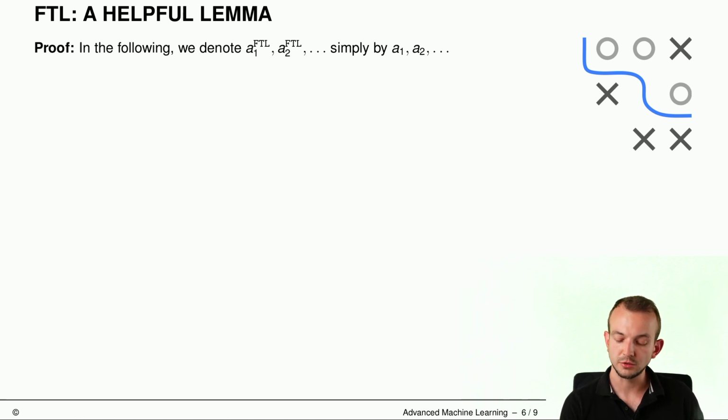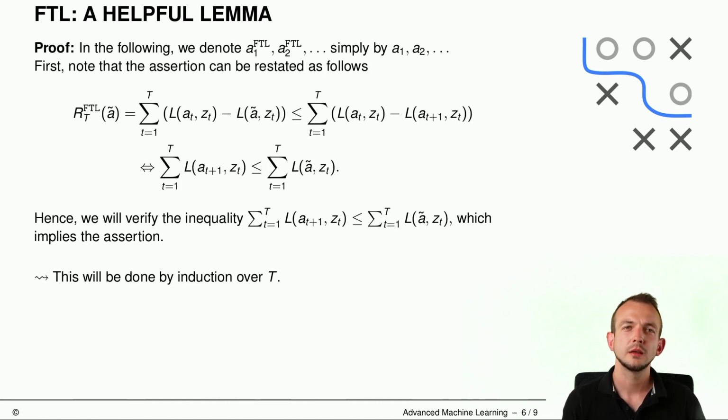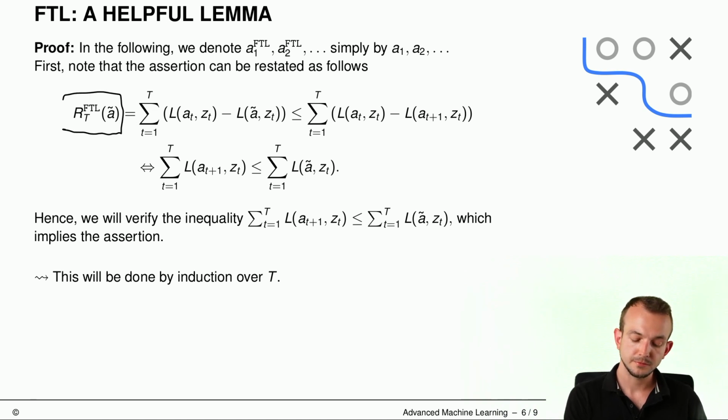We forget about the superscripts and only write these A1 and A2s, and we know that this is belonging to the follow the leader algorithm. Then all we need to show is the following. So we want the regret of the follow the leader algorithm, which is by definition written down here.